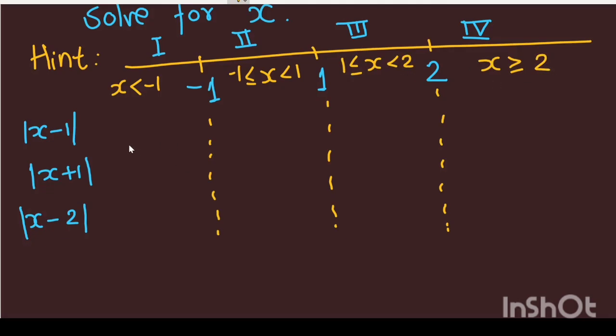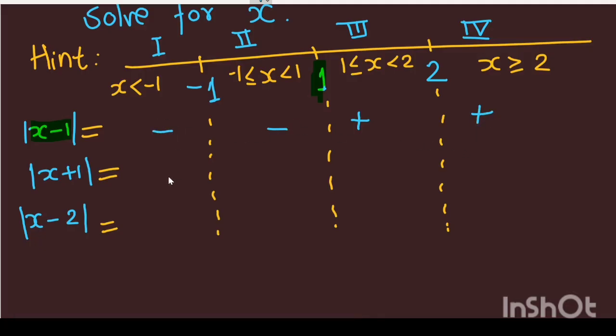Now mod x minus 1, if you see, it is changing at x equals to 1, guys. Okay, it is changing at x equals to 1. So mod x minus 1 here, after 1, meaning greater than 1, it will give plus sign. So greater than 2, obviously it will give plus. So lesser than that, it will give negative sign.